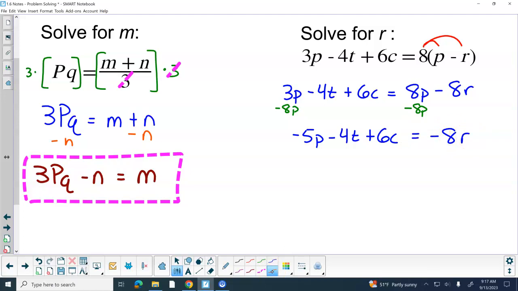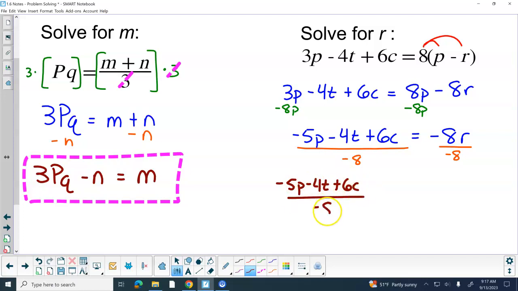And that would give me negative 5p minus 4t plus 6c equals negative 8r. Then, if I'm going to divide here by negative 8, I can do one of two things. I can divide this entire side by negative 8, and I could write this as negative 5p minus 4t plus 6c all over negative 8 equaling r.